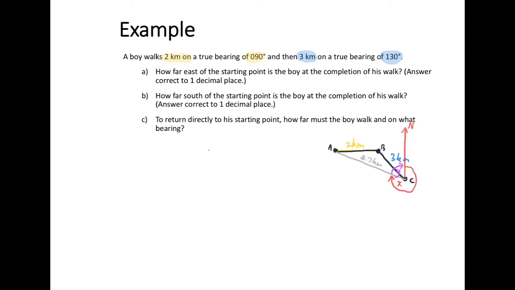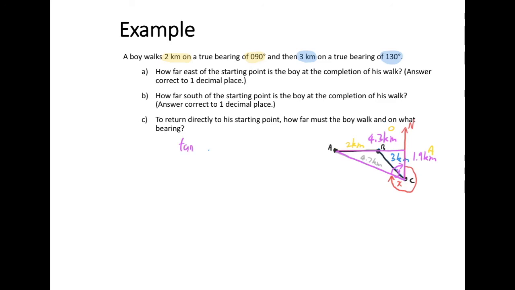To do that, I can form a right angle triangle and use trigonometry. I know that the top side of that triangle from part A is going to be 4.3 kilometers. I know that the height of my triangle from part B is going to be 1.9 kilometers. So using trigonometry, I've got an opposite side and an adjacent side, so I can use tan to find out the size of my angle y.